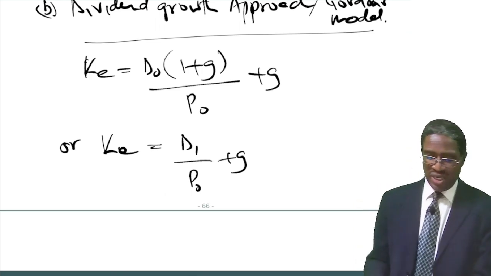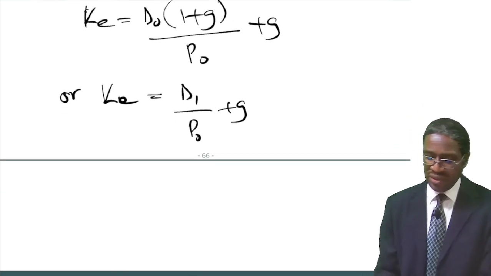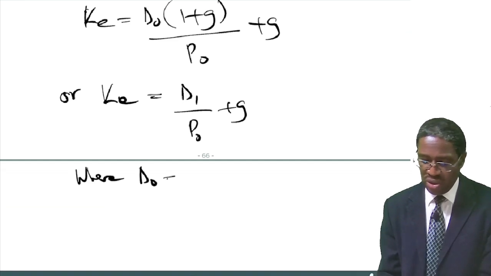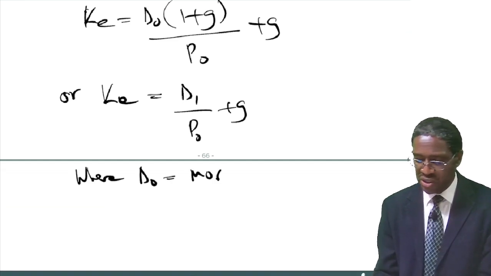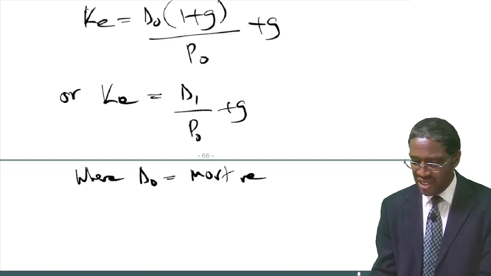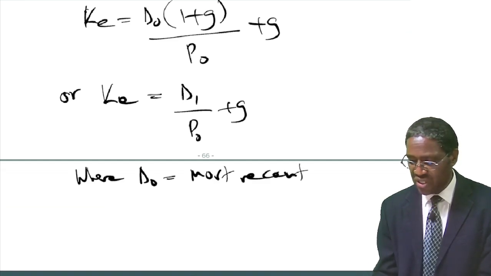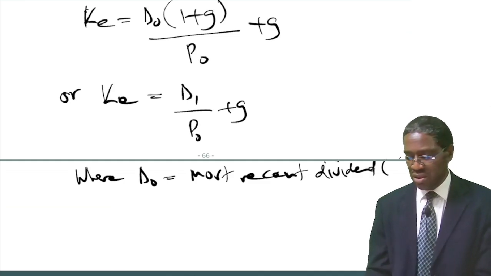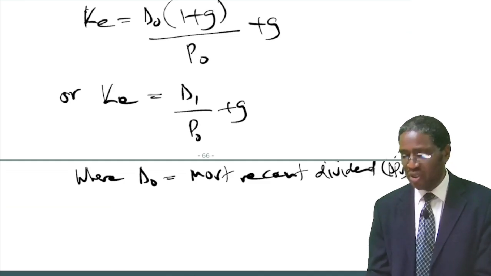Then you can say where D0 is the most recent dividend, and put in brackets dividend per share.